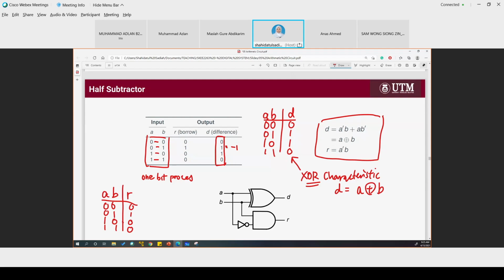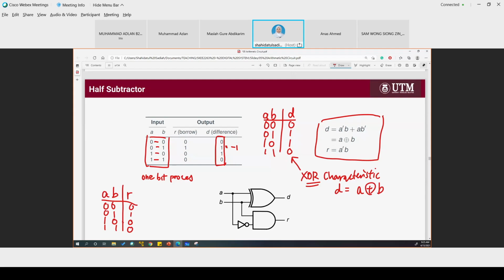It is 1 when A is 0 and B is 1. But it is 0 when both A and B are 0. It is also 0 when A is 1 and B is 0.